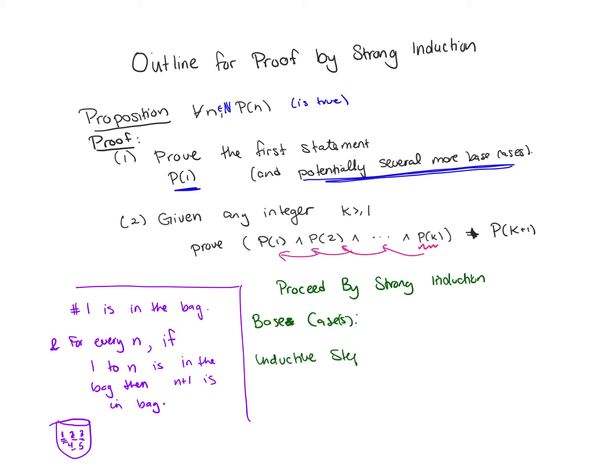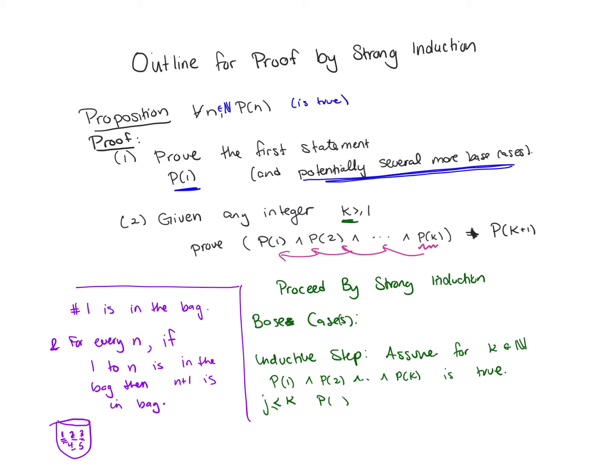Now in the inductive step, I'm going to assume for some k in n, p sub 1 and p sub 2 and up to p sub k is true. Right, so this is going to be kind of hard, but I could say something like for j less than or equal to k, p sub j is true.